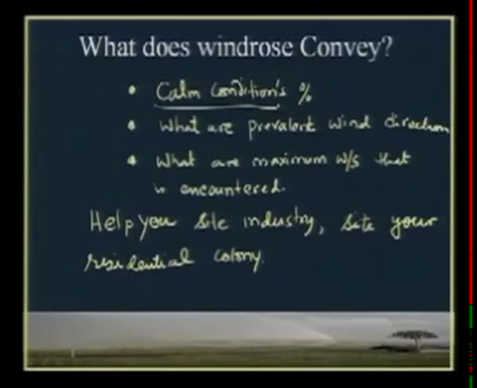So you have seen how useful windroses are. You can plot the windrose for 1 month, for 6 months, for various seasons, for the entire year, for a decade. You can even see if there is a change in the trend, if the wind direction is changing from year to year, or over the decade suddenly there has been a change in the wind direction or the wind speed, and that can be very useful information, not only for pollution control or pollution planning, but for other studies also.